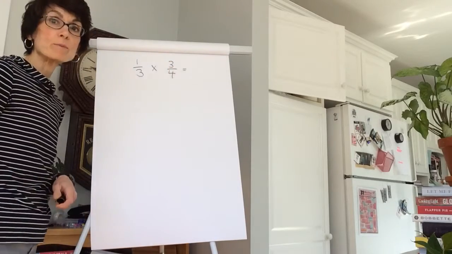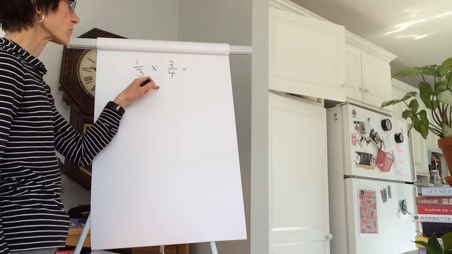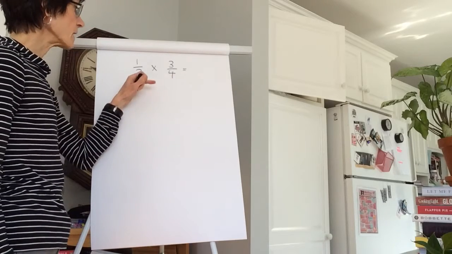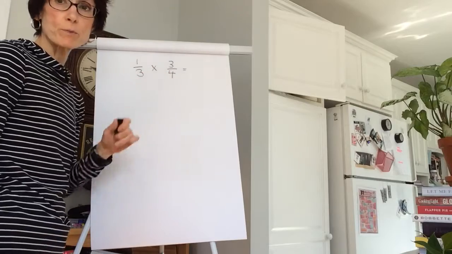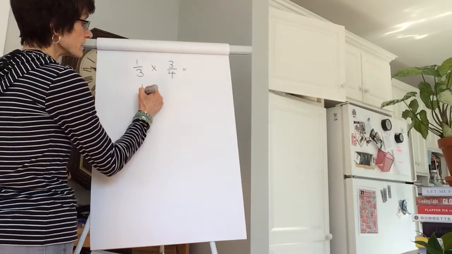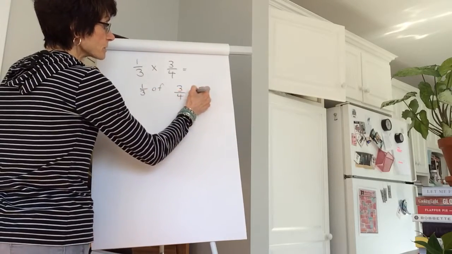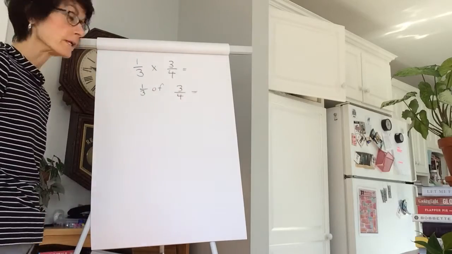Now, when we did whole numbers, we learned that, for example, if we were multiplying 3 by 4, we would say 3 of 4 groups. So here we have the same thing. It can also be said 1/3 of 3/4 is the same as what we have written here.